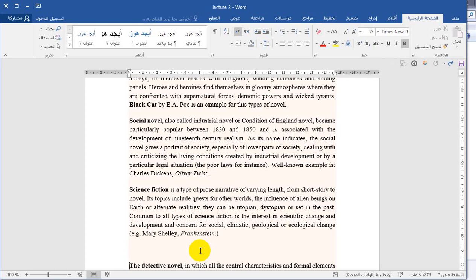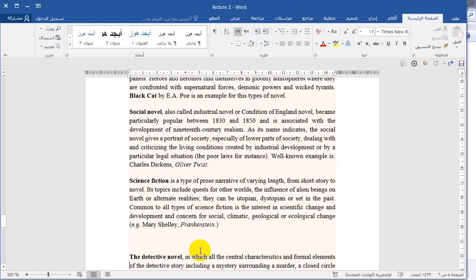They can be utopian, dystopian, or set in the past. Utopian and dystopian mean creating the world as if it is a hell, or at other times creating a world as if it is a paradise. This is the meaning of utopian and dystopian. Common to all types of science fiction is the interest in scientific change and in the future. Mary Shelley, Frankenstein, is an example.